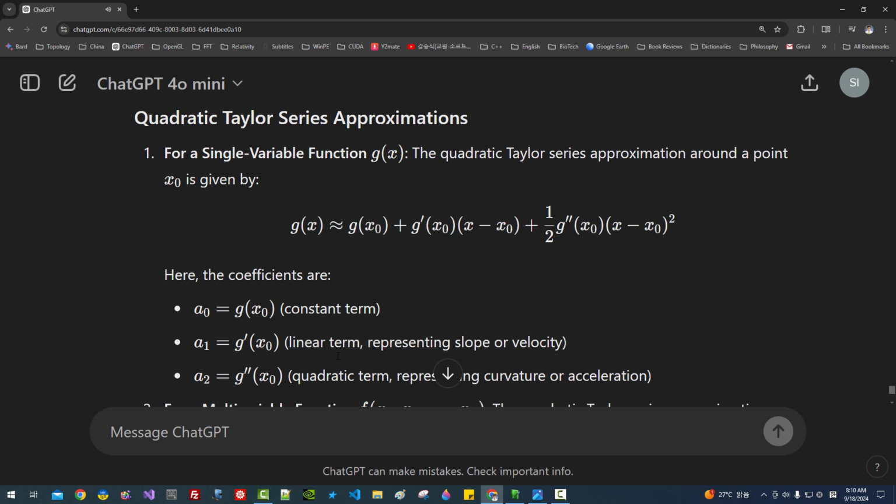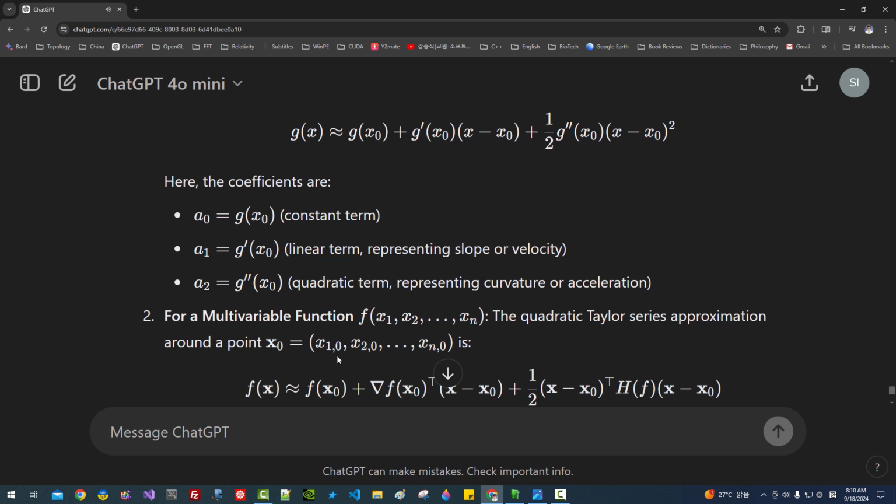For a single variable function g(x), the quadratic Taylor series approximation around a point x0 is given by g(x) approx g(x0) plus g'(x0)(x minus x0) plus 1/2 g''(x0)(x minus x0) squared. Here the coefficients are: a0 equals g(x0), constant term; a1 equals g'(x0), linear term, representing slope or velocity; a2 equals g''(x0), quadratic term, representing curvature or acceleration.